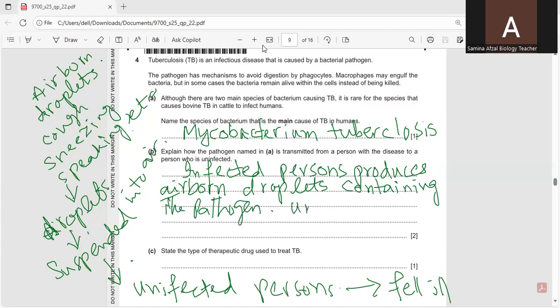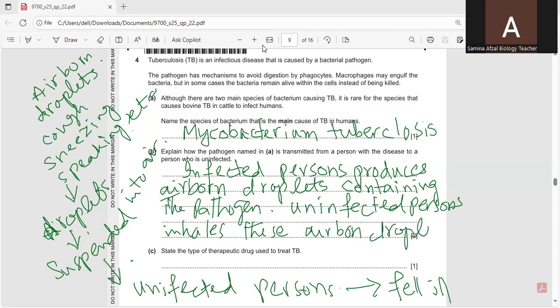Uninfected persons inhale these airborne droplets, which cause infection, tuberculosis, in the uninfected persons.